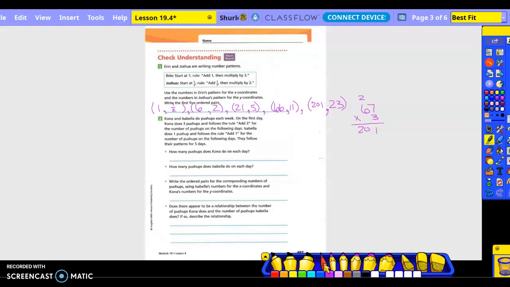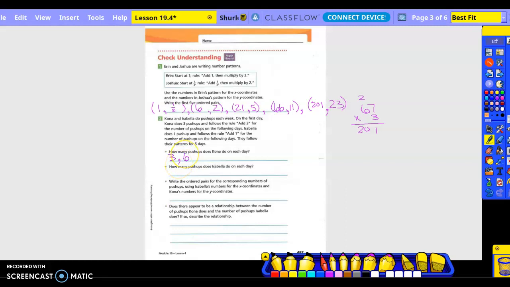Number 2, Connor and Isabel do push-ups each week. On the first day, Connor does 3 push-ups and then follows the rule add 3 for the number of push-ups on the following day. Isabella does 1 push-up and follows the rule add 1 for the number of push-ups on the following day. They follow the patterns for 5 days. How many push-ups does Connor do on each day? So we do 3, then what do we do? Add what? 3.